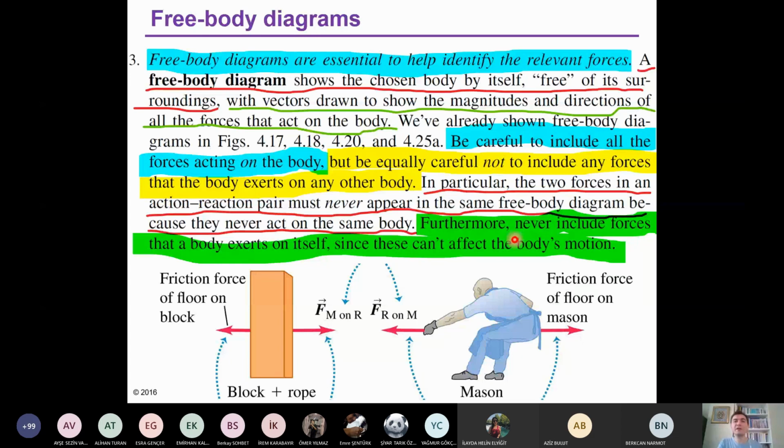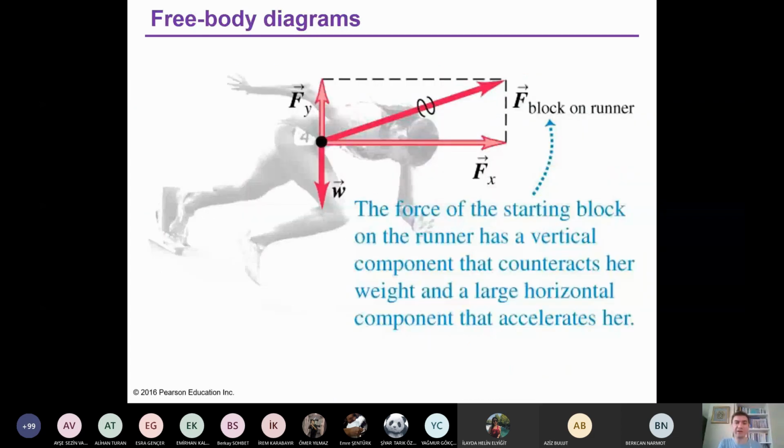Now let me show you three examples related to free body diagrams, and then I will finish this part. Here you see a runner and there is a block, a starting block, let's say. The runner applies a force in this direction to the block, and then this block applies a back force on the runner.